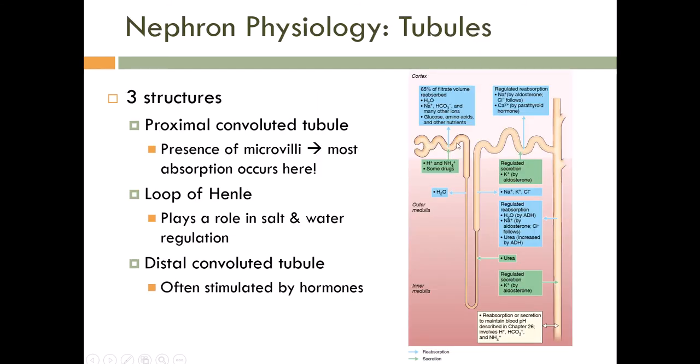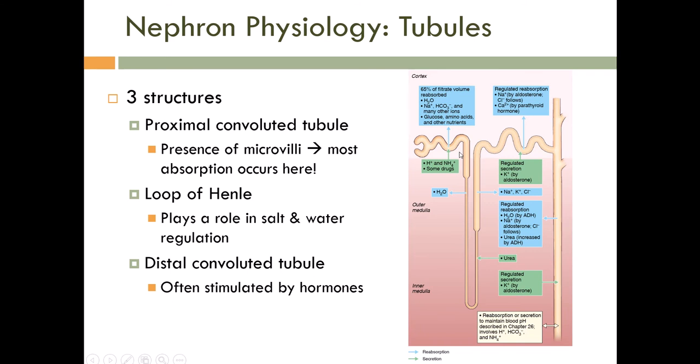In terms of the renal tubules, this is where we're going to find the reabsorption and secretion taking place. Most of the reabsorption in the renal tubules takes place in the proximal convoluted tubules. About 65% of your filtrate volume is reabsorbed here in the proximal convoluted tubule.